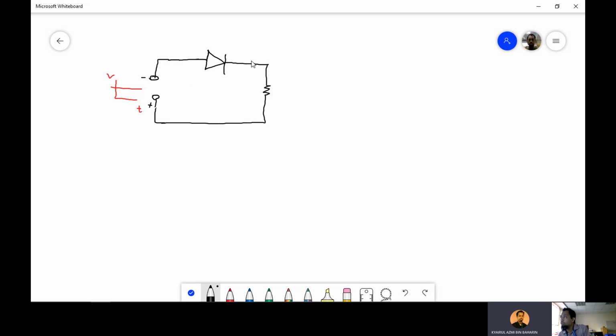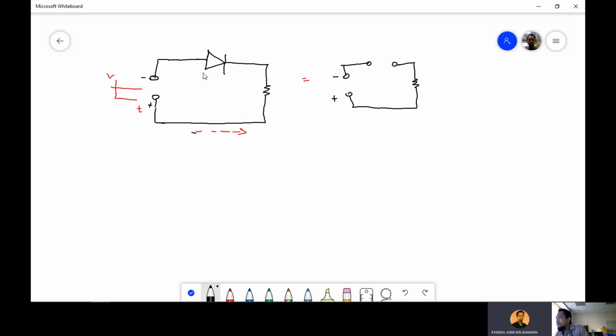Okay. The current wants to flow in this direction, but the diode will block the movement of the current. So if we connect in opposite polarity, what will happen is the circuit will become an open circuit. The diode here will become like an open circuit. So no current will flow.